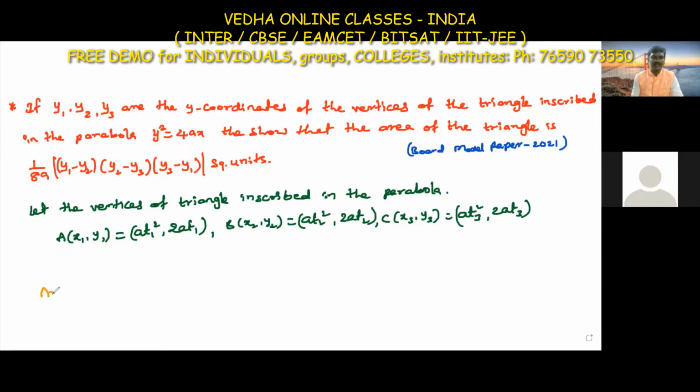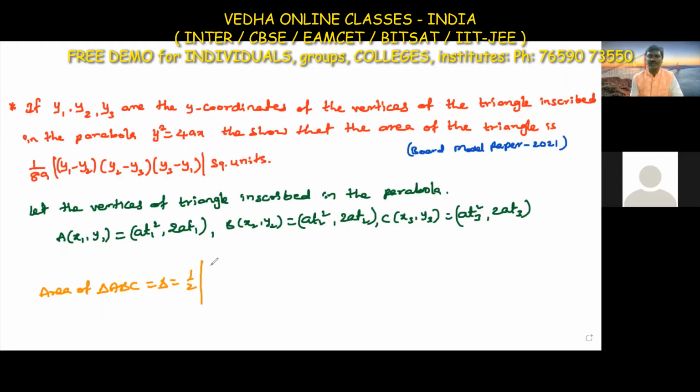Area of triangle ABC, delta, is equal to 1 by 2 into modulus of x1 into (y2 minus y3) plus x2 of (y3 minus y1) plus x3 of (y1 minus y2). Yes, very good.